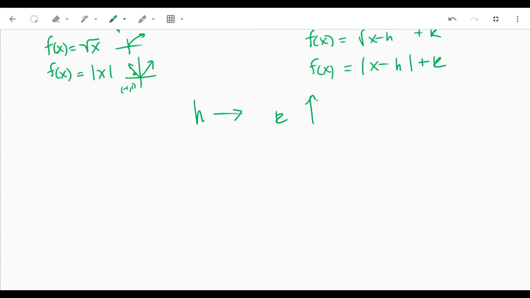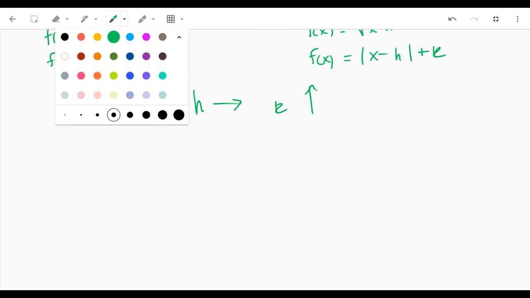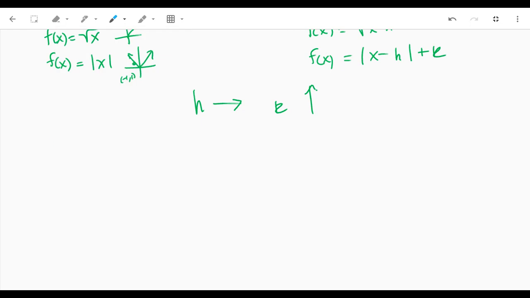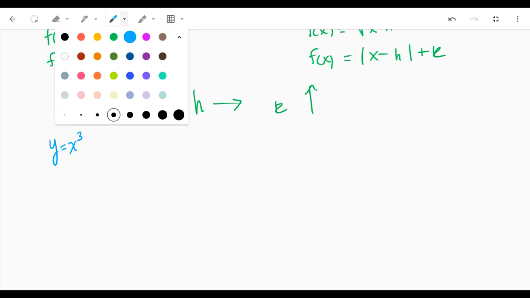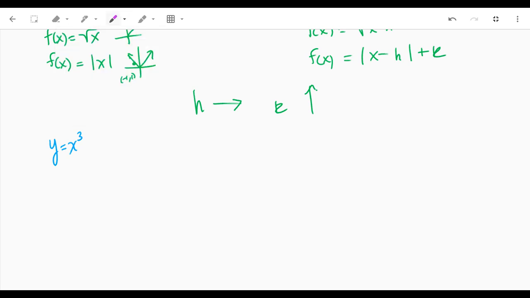So I'll do an example here. They give you the graph of y equals x cubed, and they want you to graph y equals (2x minus 4) cubed plus 3.